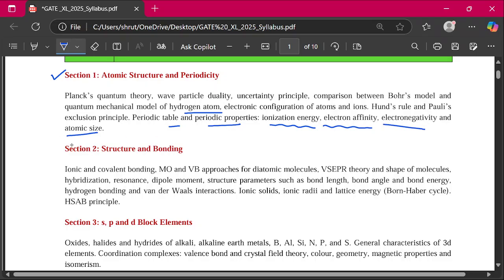Then the next section is structure and bonding.